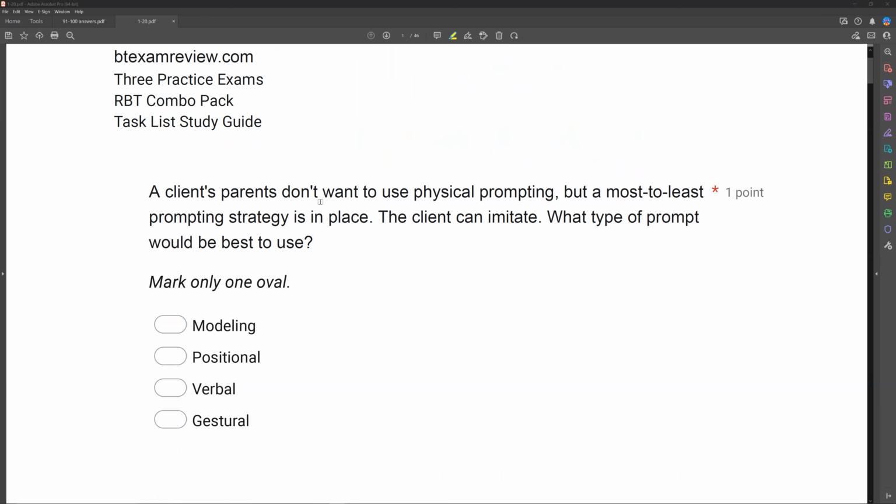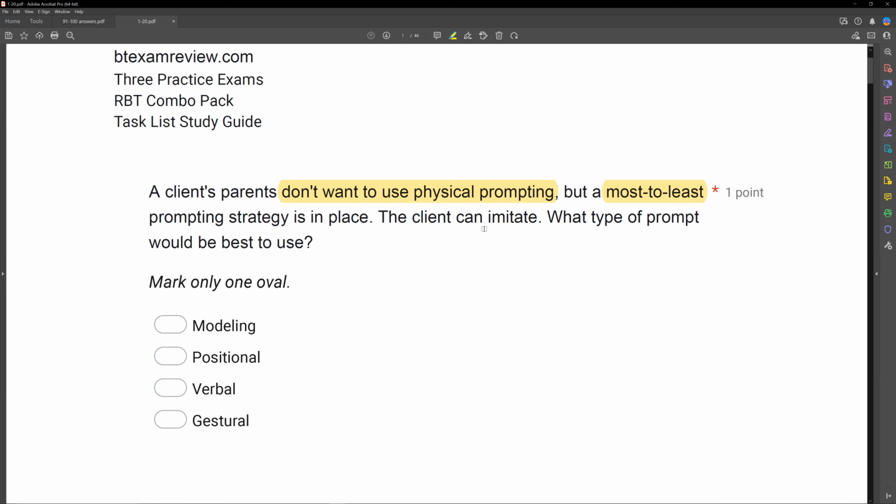So first, we know they don't want to use physical prompting. So we have to just get rid of physical prompting, right? In this case, our information says they don't want to use it. We're not going to use it. But we are using a most to least strategy, meaning we can't use physical prompting, but we still need to use a prompt that is pretty intrusive.